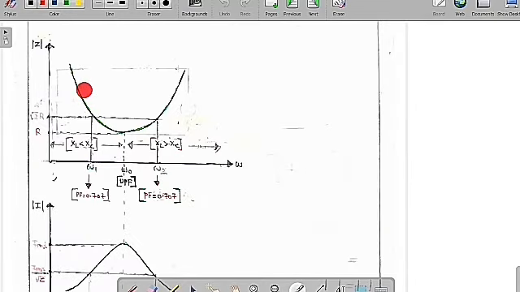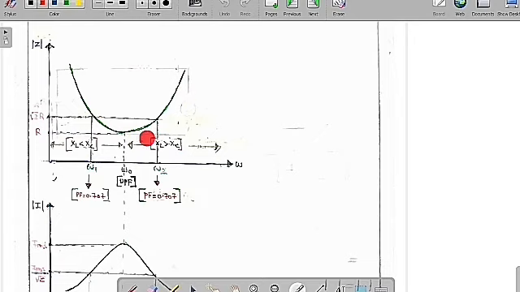Now I am going to draw the graph between the magnitude of the impedance with respect to frequency. The magnitude of impedance is equal to under root of R square plus (omega L minus 1 by omega C) whole square. I am going to change the value of omega and then draw the graph. You can see clearly that as omega changes from 0, the graph is going to decay, and after omega naught, it is going to increase again.